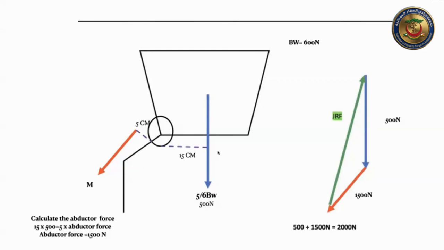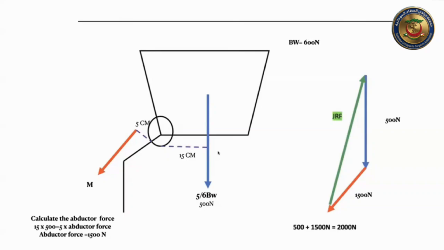To calculate the abductor force, simply, when all the forces working around the hip joint equal 0, M multiplied by A equals B multiplied by W. So M, the abductor force, equals 500 multiplied by 15 centimeters, the weight lever arm, divided by 5 centimeters, the abductor lever arm.